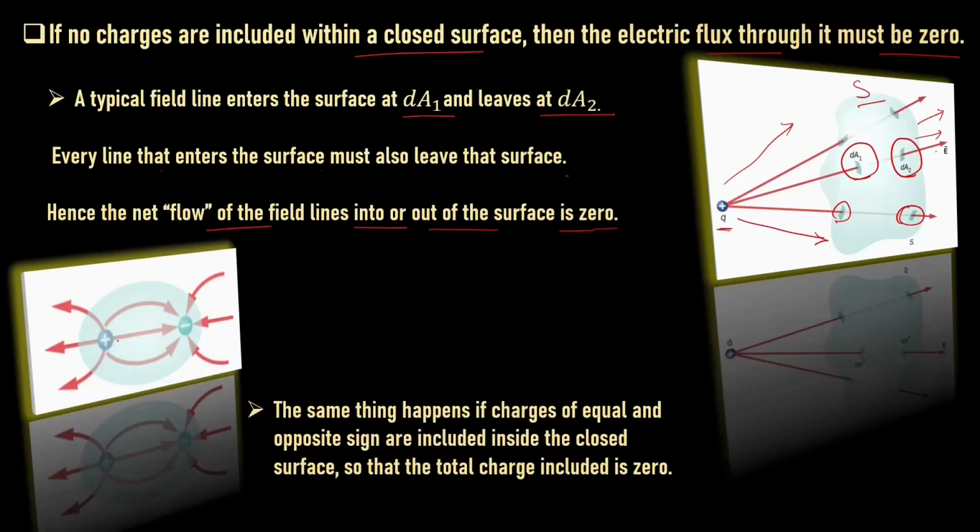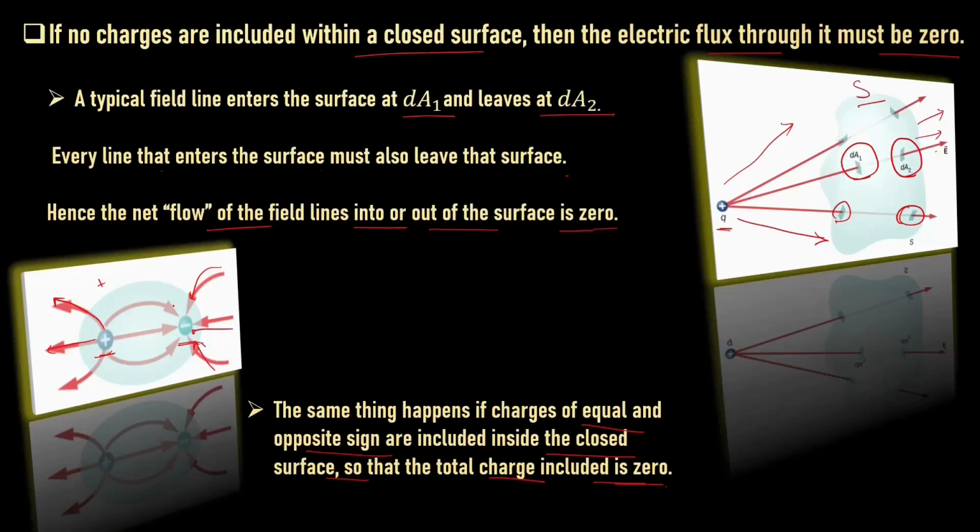Now there is another situation: the charge is enclosed within the surface, but this time we have two equal and opposite charges. If charges of equal and opposite sign are included inside the closed surface, the total charge included is 0. In terms of electric field lines, whatever field lines the positive charge sends out of the surface, the same number of field lines will enter due to the negative charge, because it is of the same magnitude.